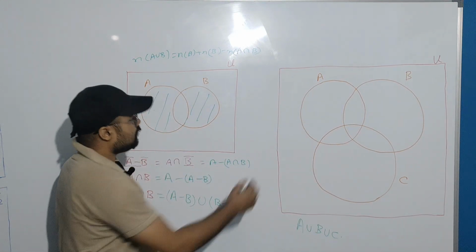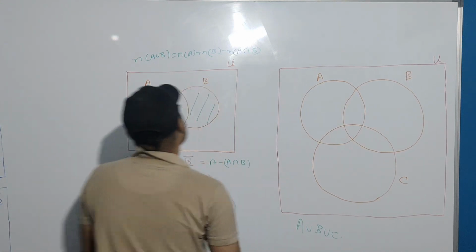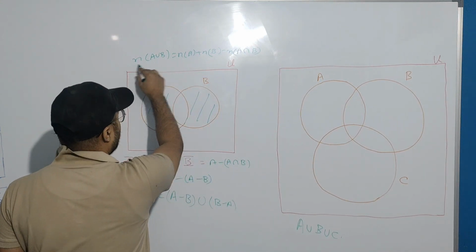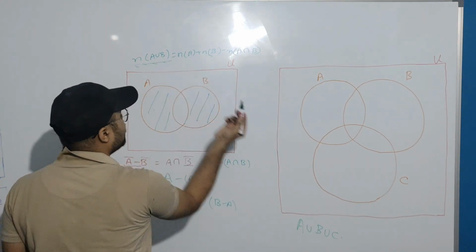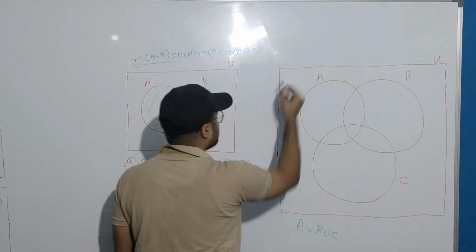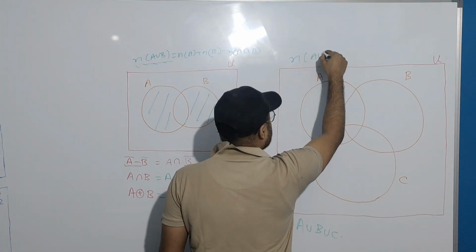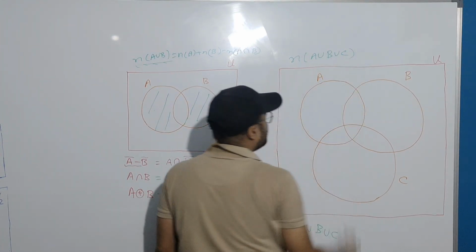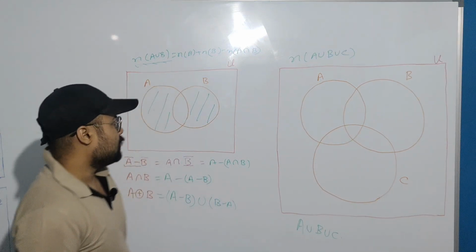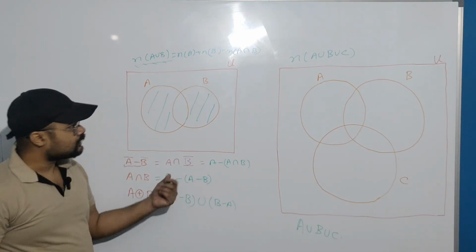In a similar manner, we will now look at what this formula turns into if we don't have only two sets: the number of elements in A union B union C. That's what we will see in this video. I will erase this.